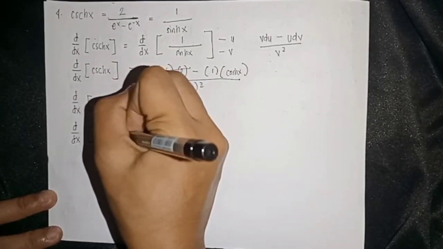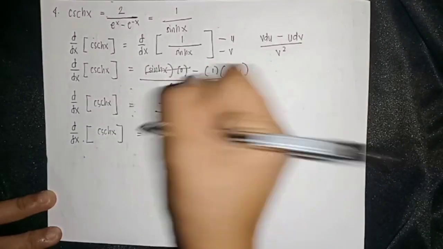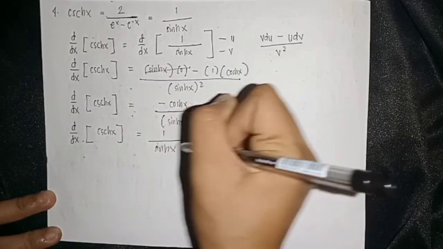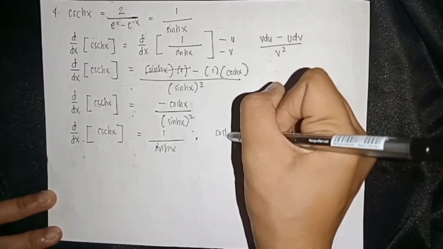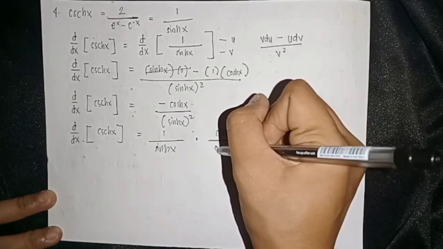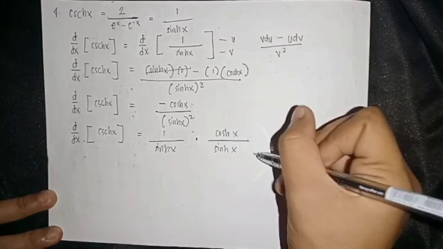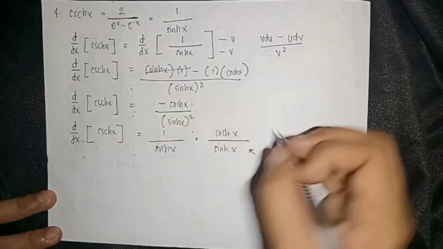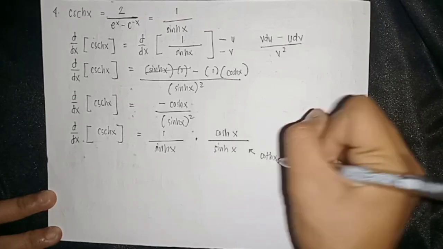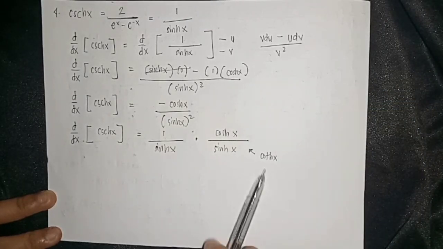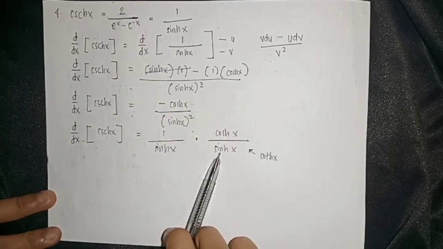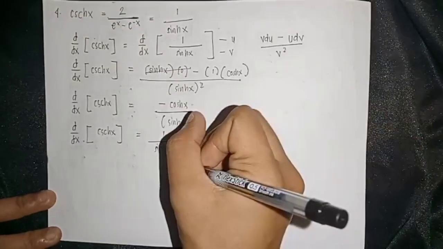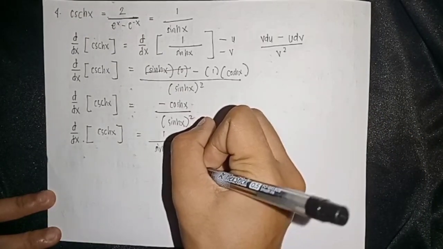So again, we noticed that at the denominator, we can split it into two functions, which is 1 over hyperbolic sine x times hyperbolic cosine x all over hyperbolic sine x. The function of the right side, which is the hyperbolic cosine x all over the hyperbolic sine x, is actually equal to hyperbolic cotangent x.